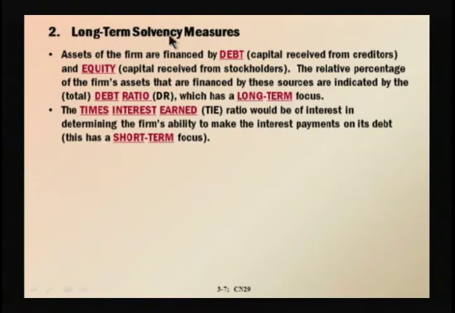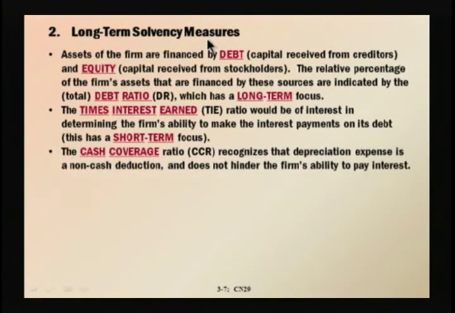Another solvency measure is the times interest earned ratio. That is a shorter term focus because we're measuring this kind of as an ongoing measure of the firm's ability to make its interest payments out of the operating income that it produces. So that's kind of a year-to-year income type measure, whereas the debt ratio is a longer-term liquidation type of measure.